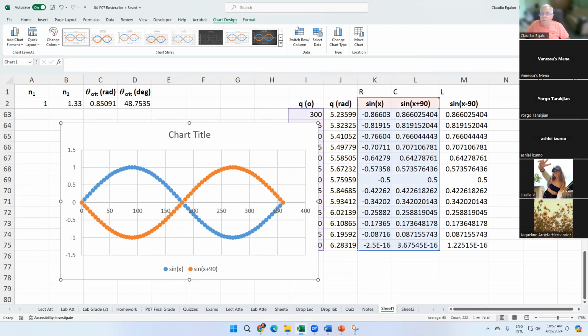Let's see if I did everything right. Oh yeah, I made a mistake right here. It's not pi, it's pi over 2, because it's 90 degrees. So there is a mistake here, and there is another mistake here. Let's see if the book is correct or not. It's rather unlikely that the book is incorrect, but let's try it anyway. I have seen mistakes in books before.